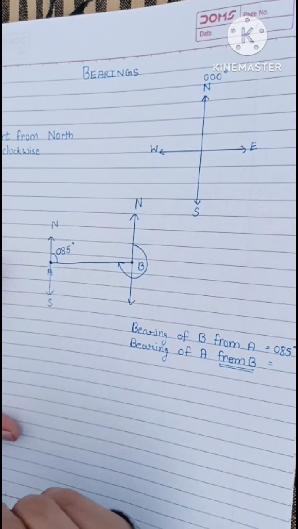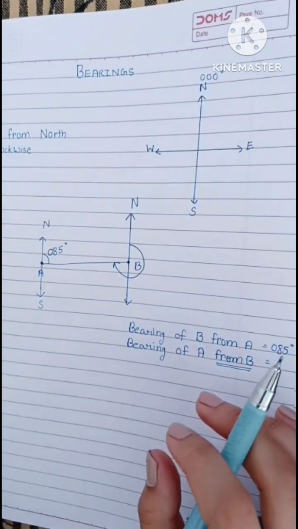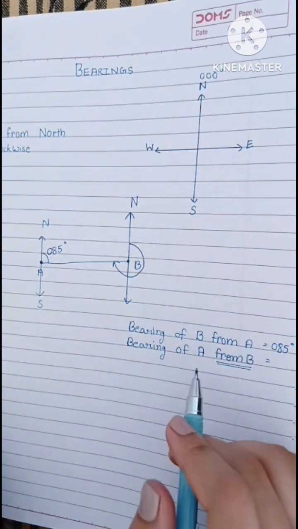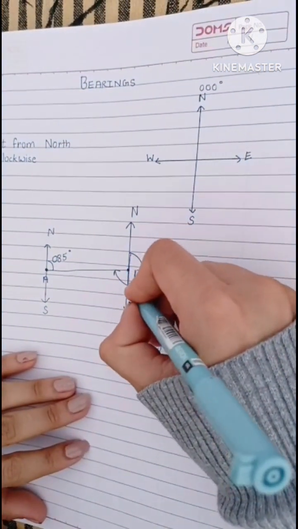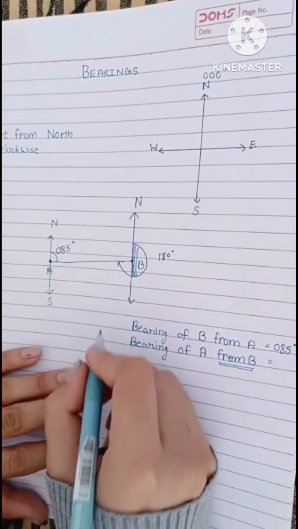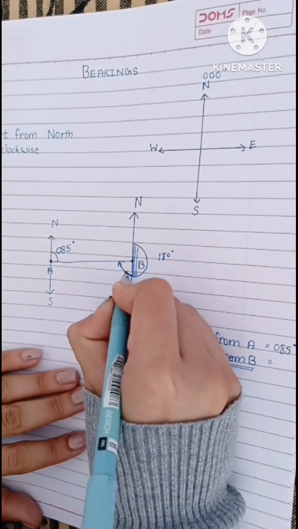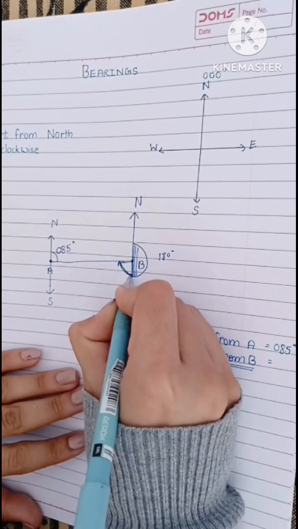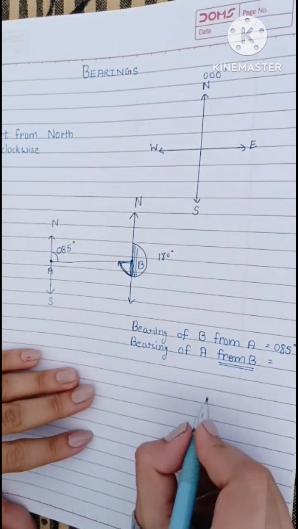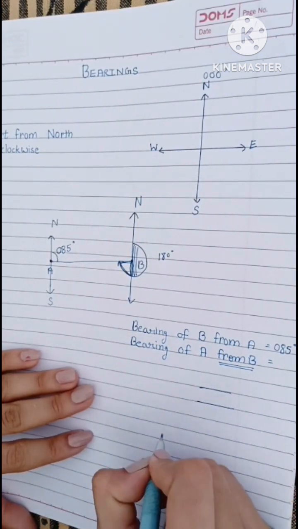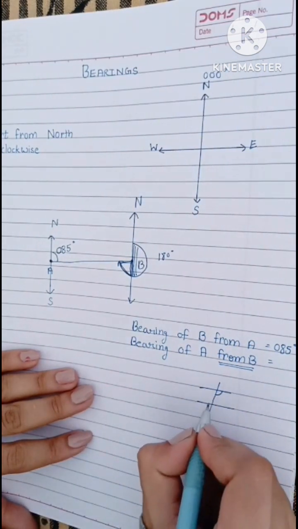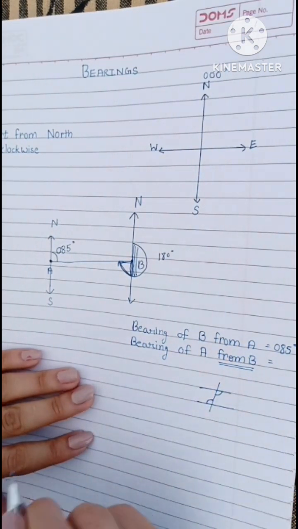Now, we all know the basic lines and angle rules. A straight line makes an angle of 180 degrees. So the angle up till here is 180 degrees. And what can we say about this angle here? If you have studied angles between parallel lines, if there are two parallel lines and a transversal crosses them, these angles which form a Z are equal to each other.